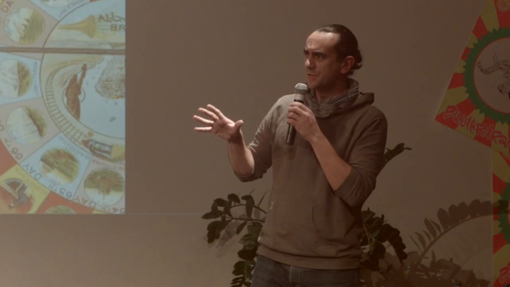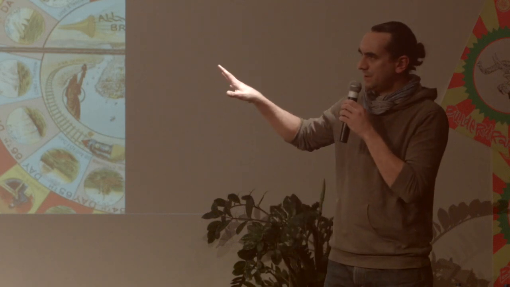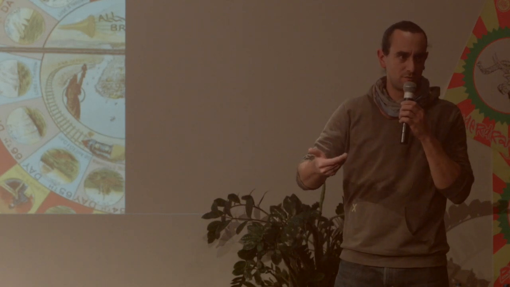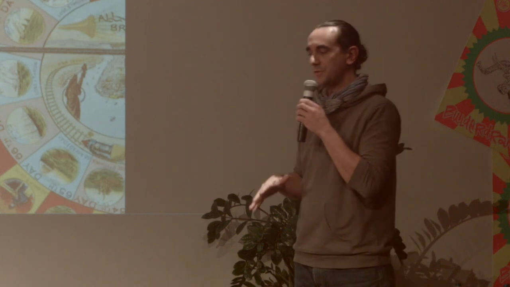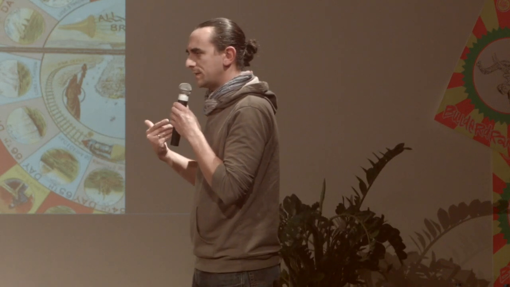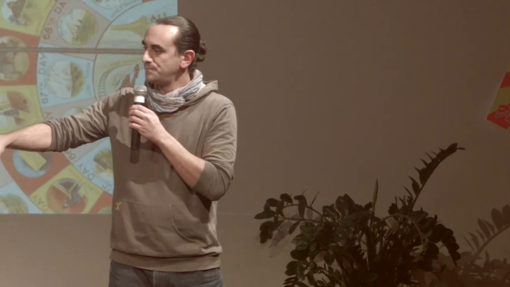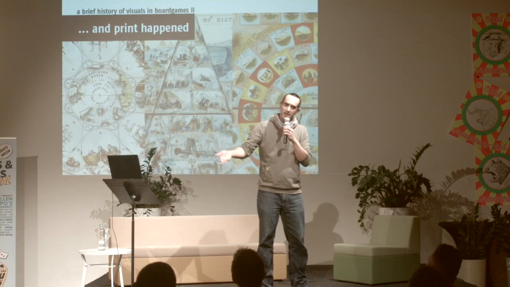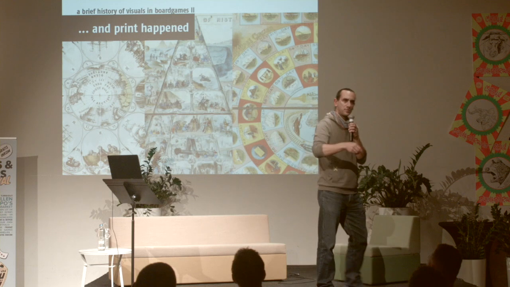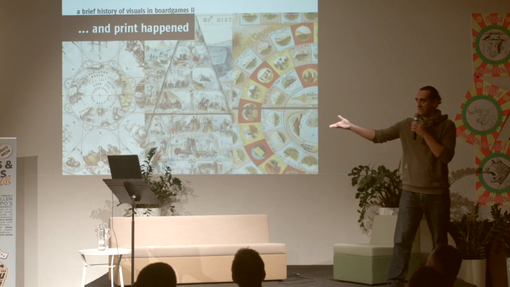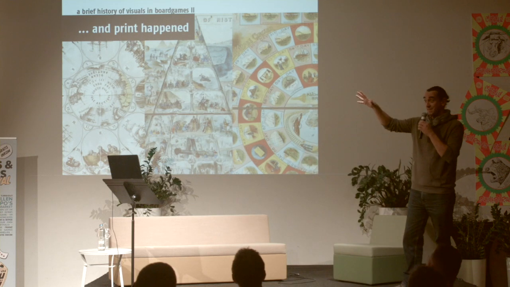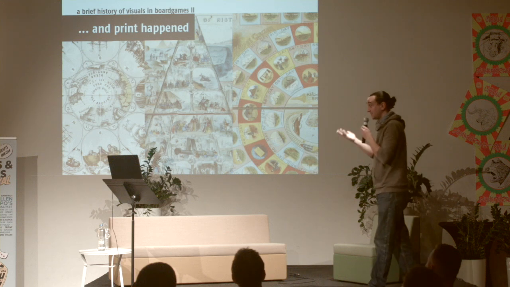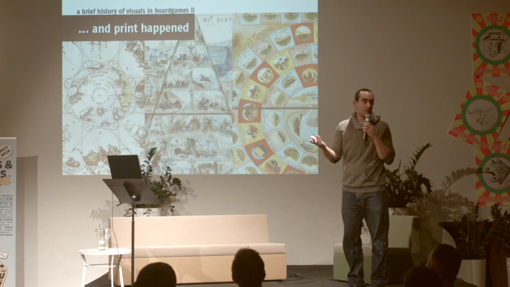So for 300 years, games used one underlying gameplay structure and only changed their visual appearance. We always have this: roll the die, move your pawn from one space to another and see what happens. That's it, that's the game mechanism. And it has existed for 300 years, which is quite a lot.